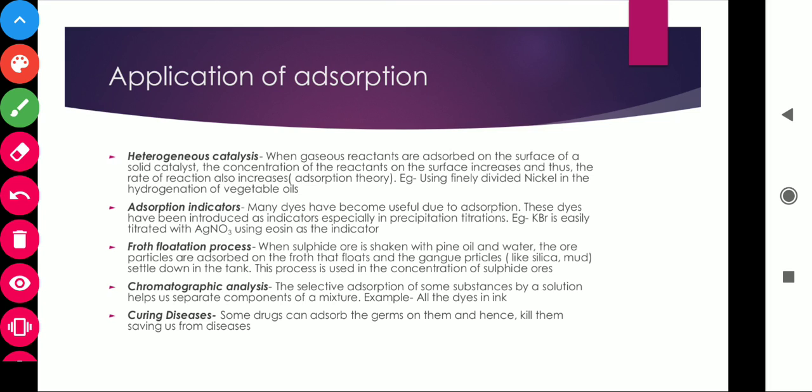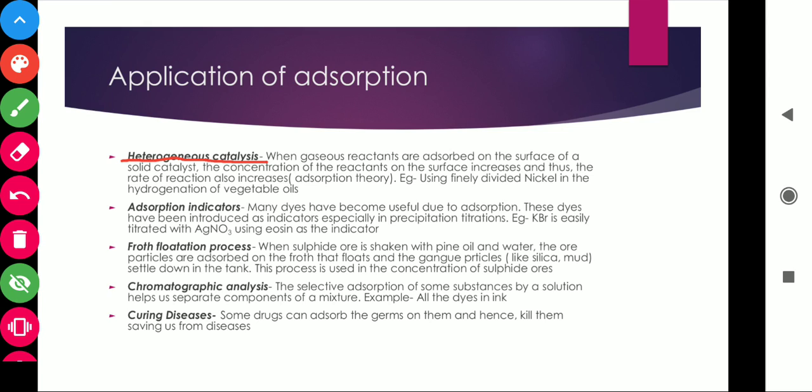The next is heterogeneous catalysis. First, what is heterogeneous catalysis? We will discuss the mechanism of it later in this chapter. But what is catalysis? A catalyst increases the rate of reaction.